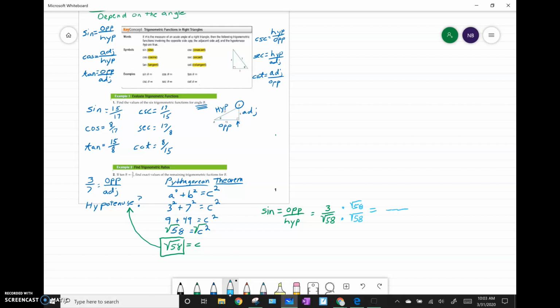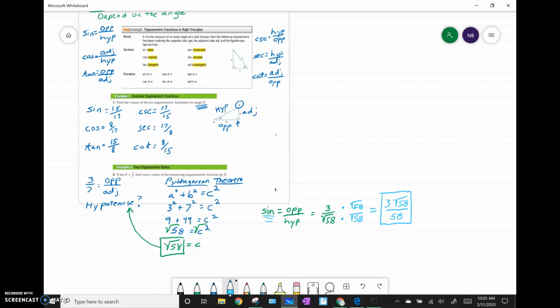So we end up with 3 times the square root of 58, and the square root of 58 times the square root of 58 just removes the square root. So we are left with 3 times the square root of 58 over 58. At this point, you can simplify your fractions if you need to. So the sine of this would be 3 times the square root of 58 over 58, and that's the answer to sine.